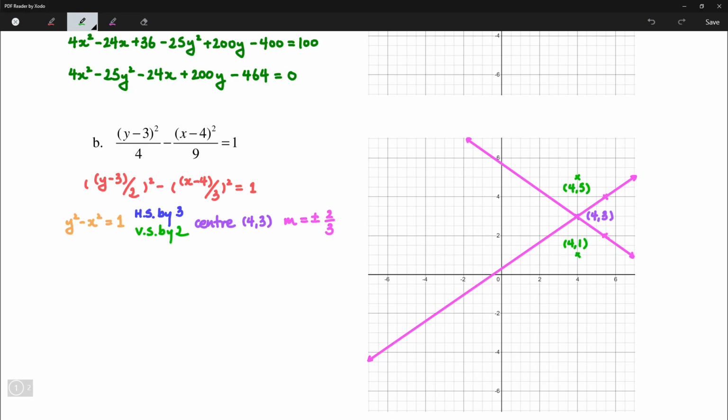After that, we can use once again a table of values to find additional points on our hyperbola.